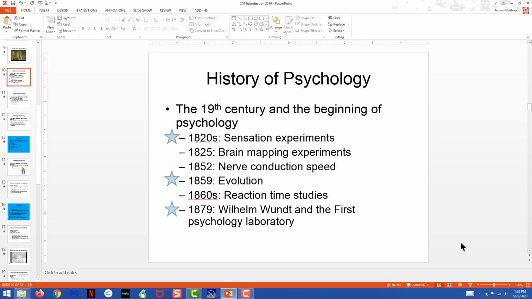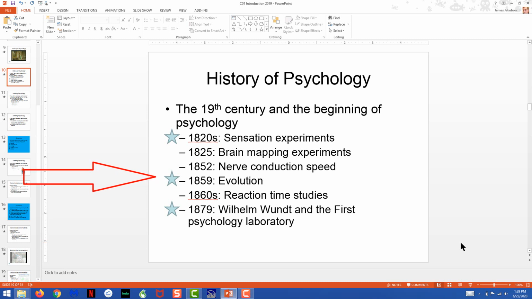In 1859, the second most significant aspect of the 19th century occurred, and that was the development of the theory of evolution. As we'll see in the neuroscience chapter, the role of evolution is very relevant for psychology, largely because it places an organizing structure upon the development of brains and the overall organizational structure of a nervous system across a wide variety of animals.